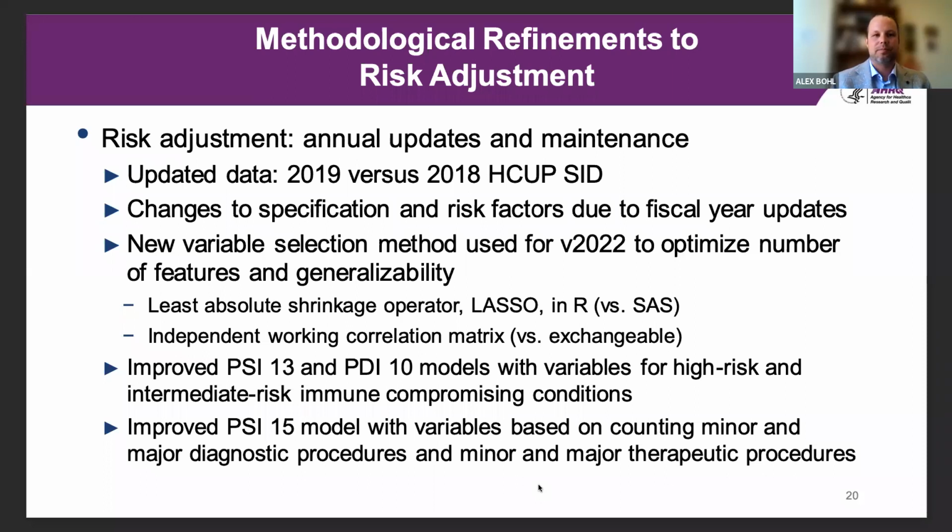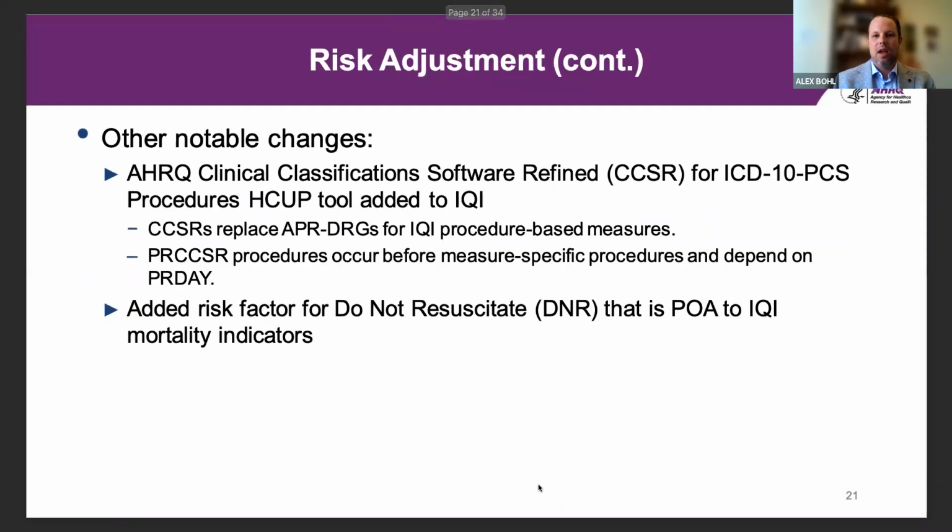Next slide, please. As I mentioned earlier, we no longer use the APR DRGs. They've been replaced by the CCSRs for procedures. So last year, in version 2021, we introduced the CCSRs for diagnoses into the IQI risk adjustment. And this year, we've also correspondingly introduced the CCSRs for procedures.